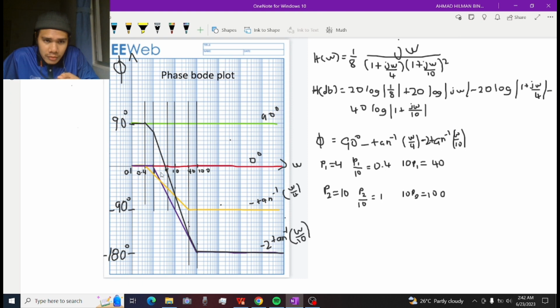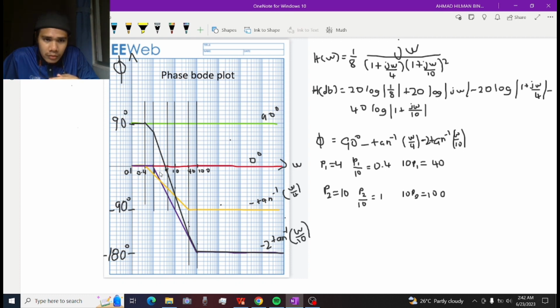For the purple graph, we have 1 until 100, but we take 1 until 40 only. So between this 40 and 100, it is 36 degree because it has 4 divisions. So 9 times 4 is 36. So 180 minus 36 is 144.